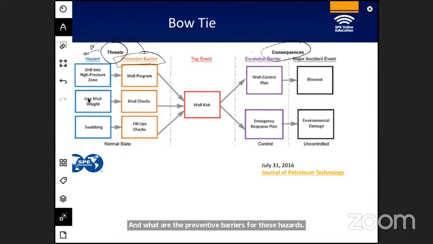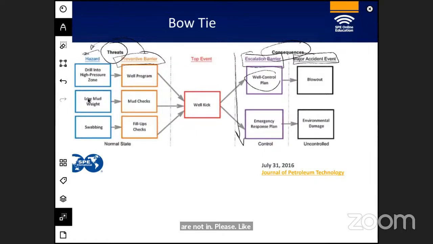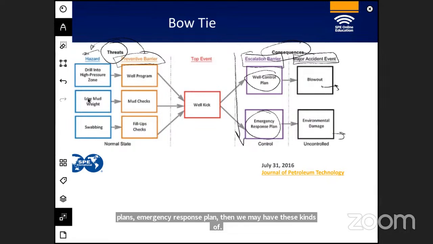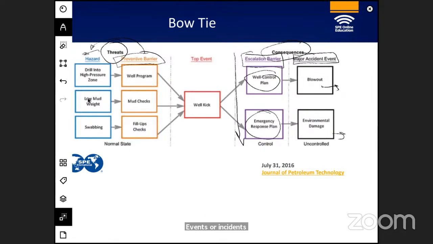Similarly, these are the escalation barriers and the major event which will happen if the barriers are not in place. Like if we don't have control plans or an emergency response plan, then we may have these kinds of events or incidents. This is just one example of a technique for assessment.